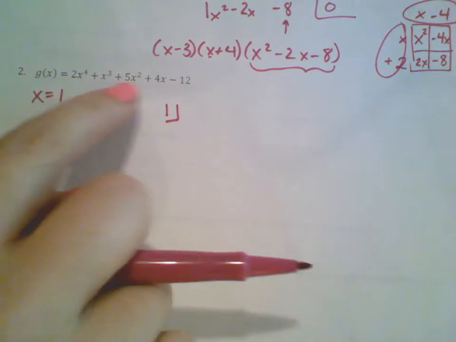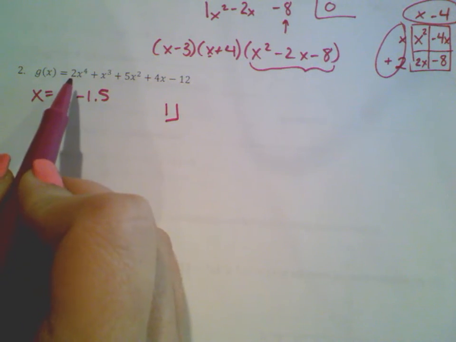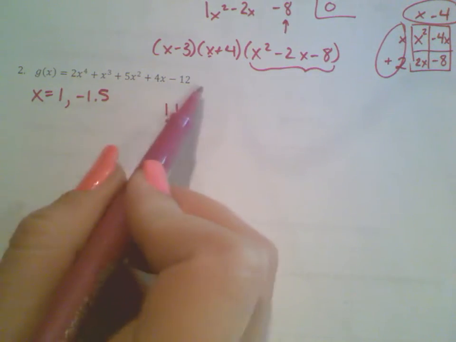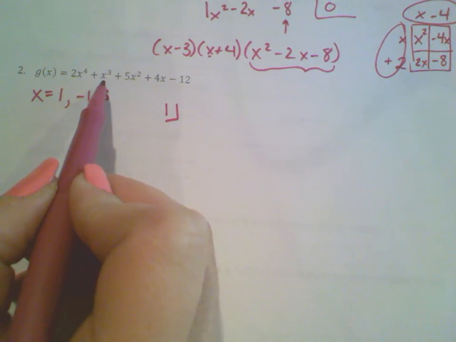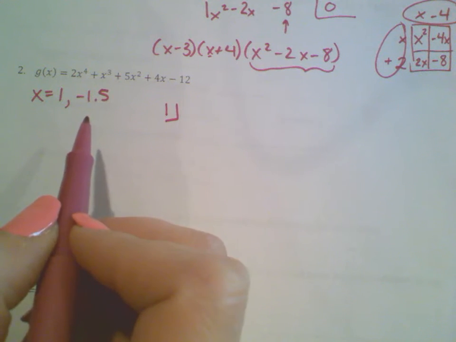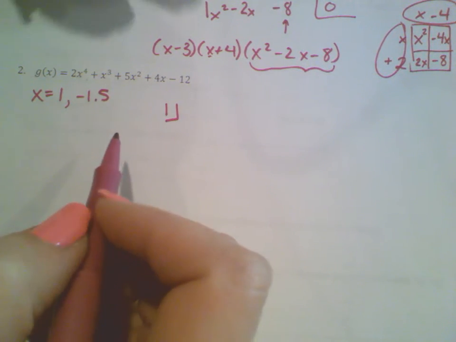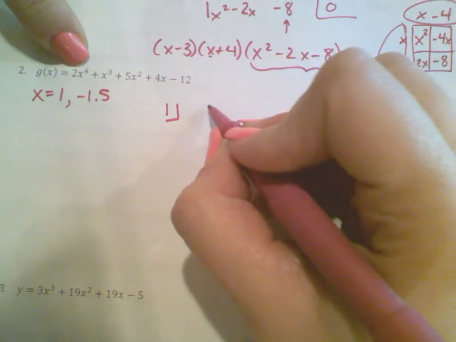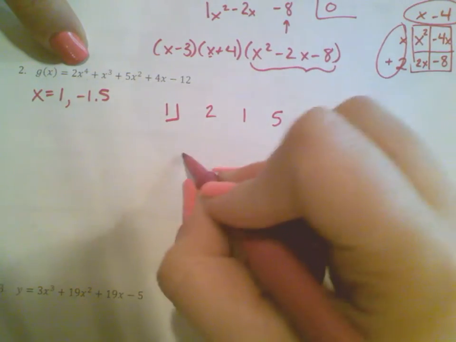Then I'm going to write out the coefficients, or the numbers beside my variables, making sure that if I'm going in descending order and any of my x degree terms are missing, like if x cubed wasn't here, you would need to put a placeholder of a 0. This one goes 4, 3, 2, 1, 0, so we don't actually need any placeholders. My coefficients are 2, 1, 5, 4, negative 12.